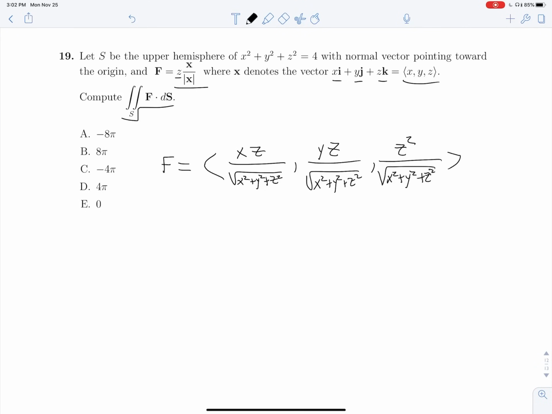Okay, so we know that we can work through this problem by finding the normal vector to this upper hemisphere, finding the normal vector that they want, and doing the double integral over S of F dot n dS.